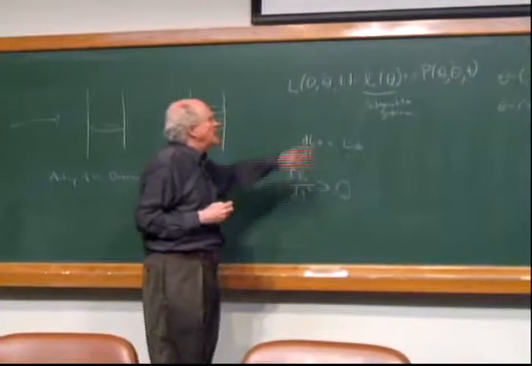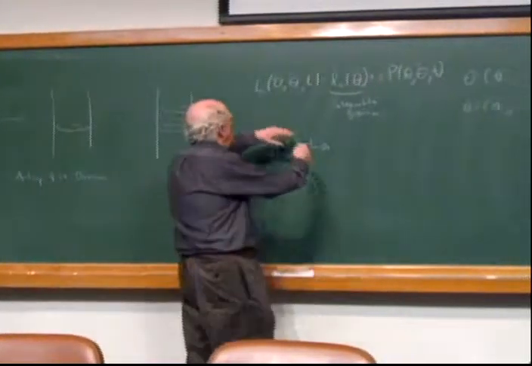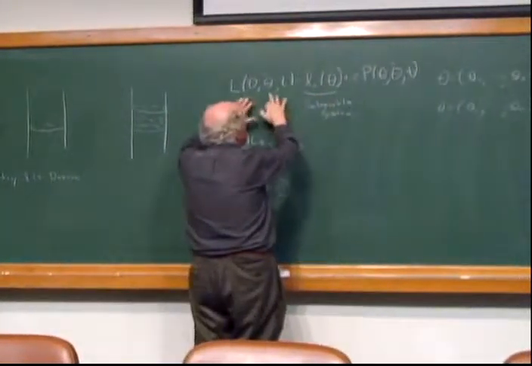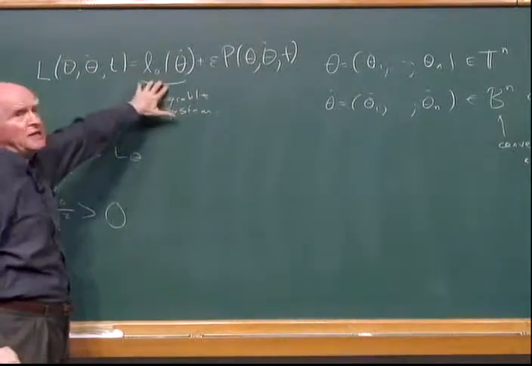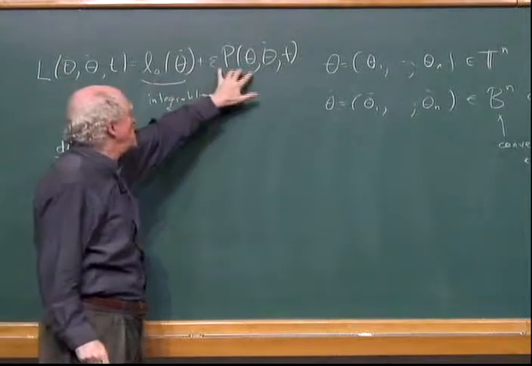By KAM theory, this is a way of writing a small perturbation of an integrable system. Here you have the integrable system, and here you have a small perturbation.